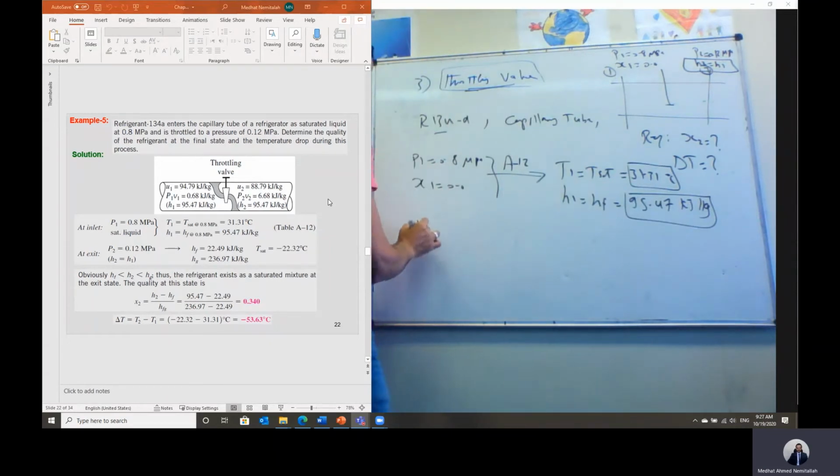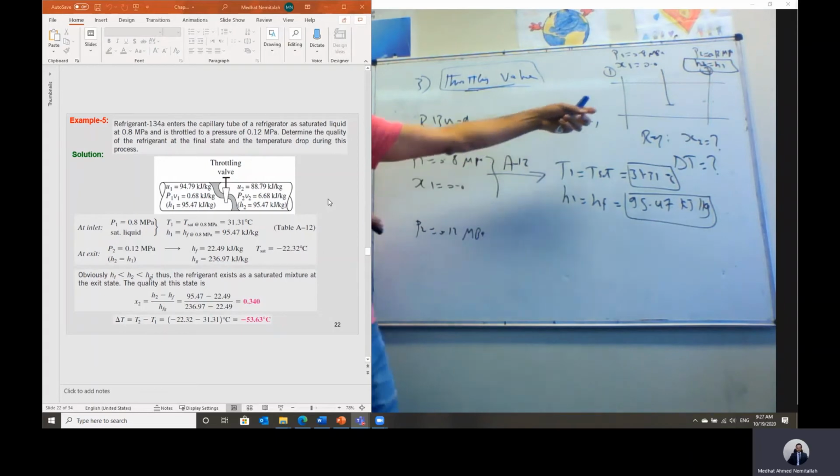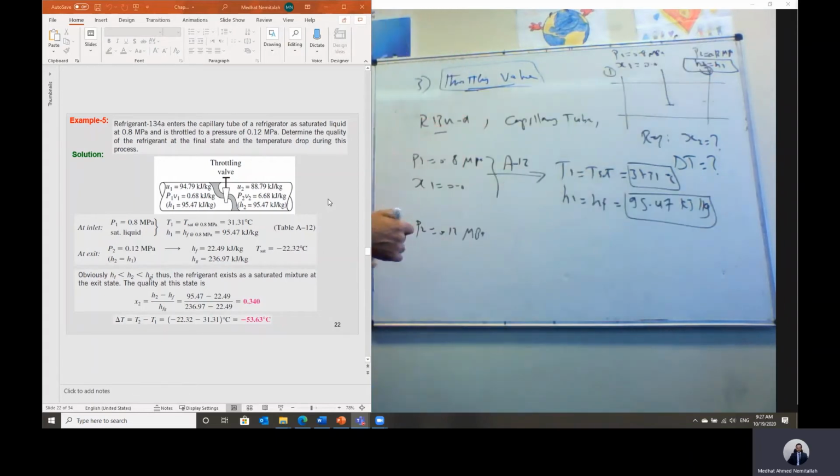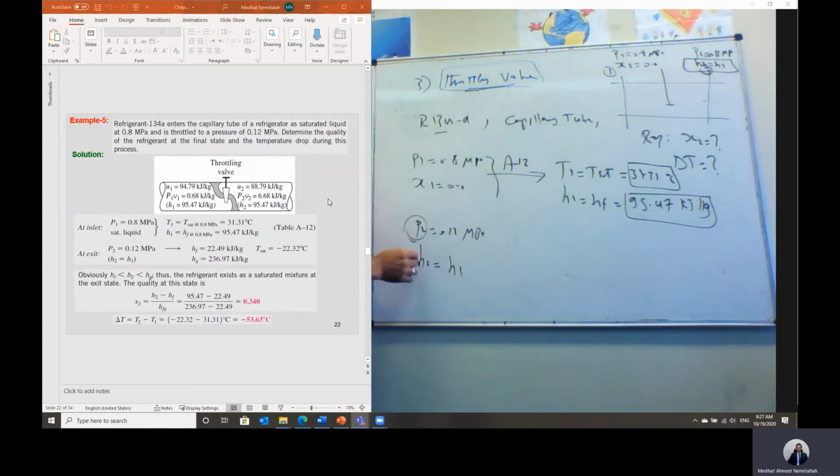At state number 2, we have pressure P2 equal to 0.12 megapascal, and we need the second property. Based on this kind of flow throttling, enthalpy H2 will be the same as H1. Now we have the pressure and one specific property.